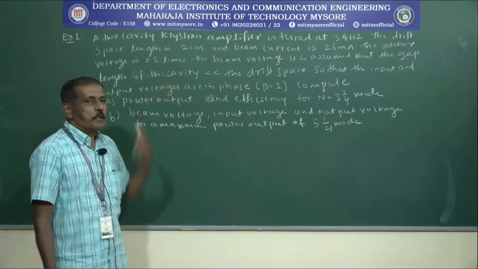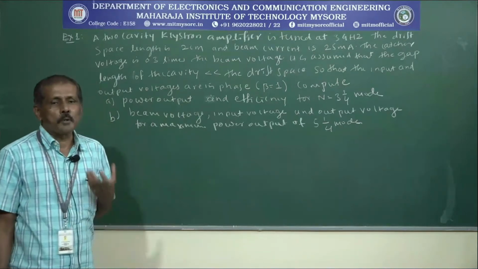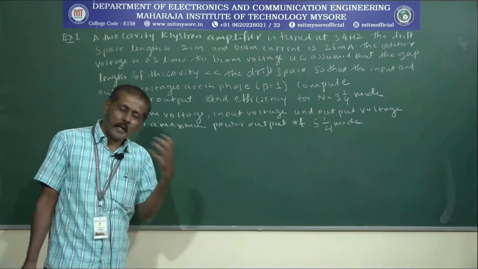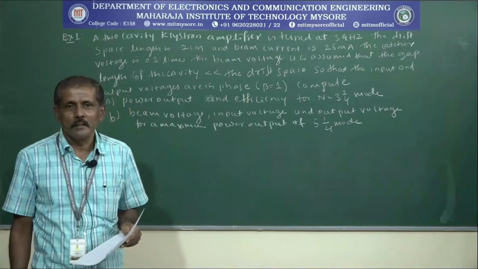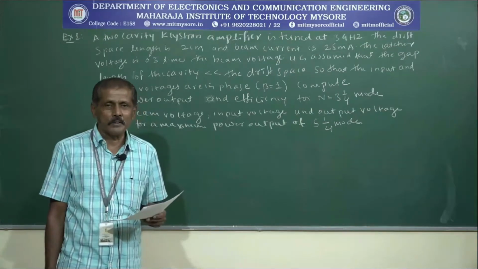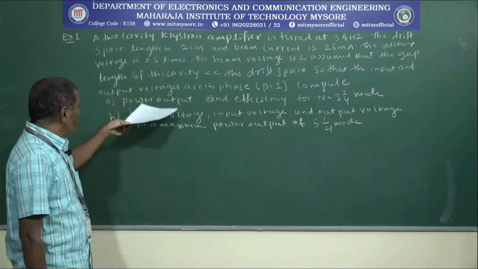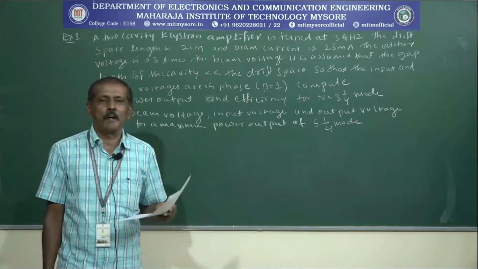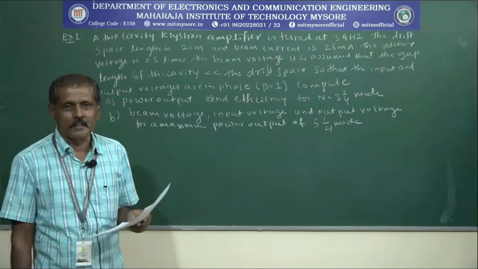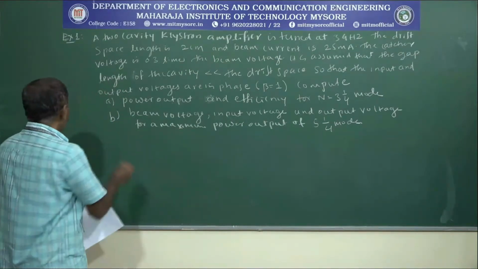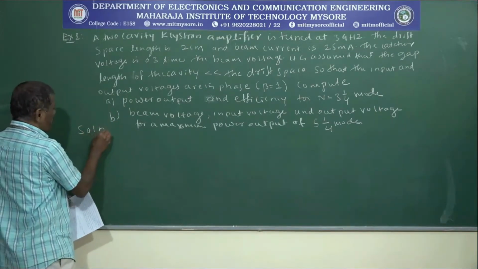Now, to solve this particular problem, first read that particular problem carefully. Write down all the given values, then write down the parameters to be calculated, and then using the formulas or the equations, try to solve that particular problem. Okay. Now, let us solve this particular problem.